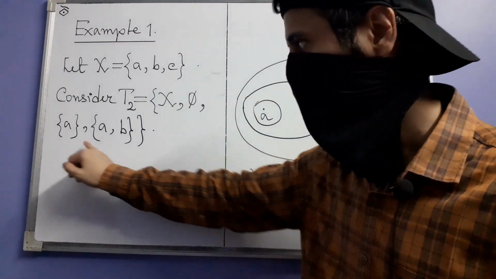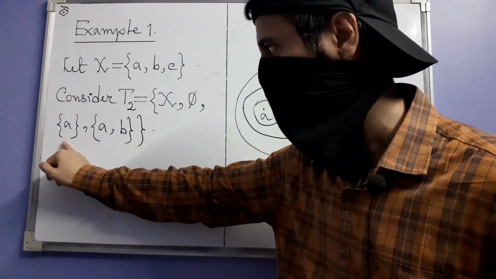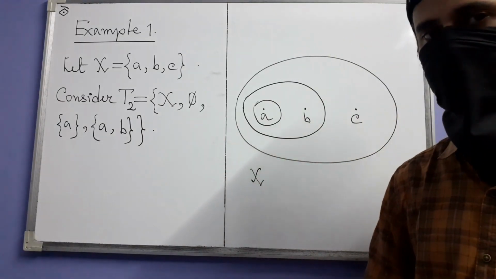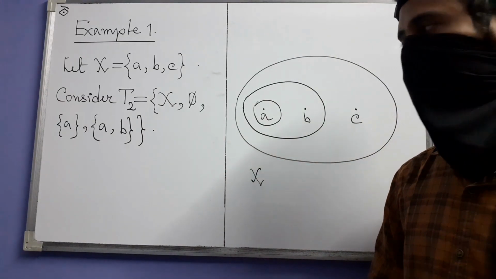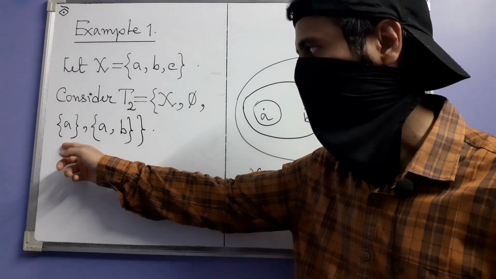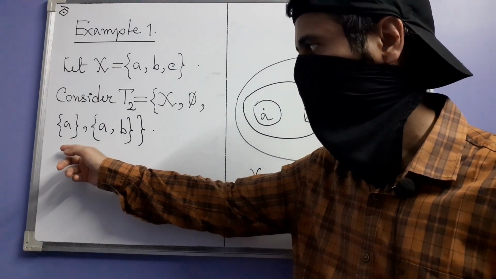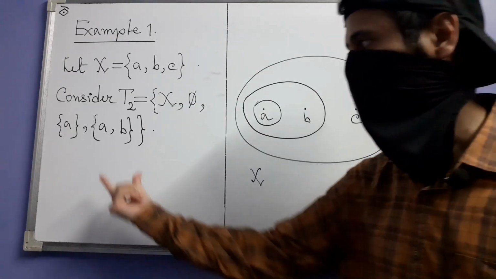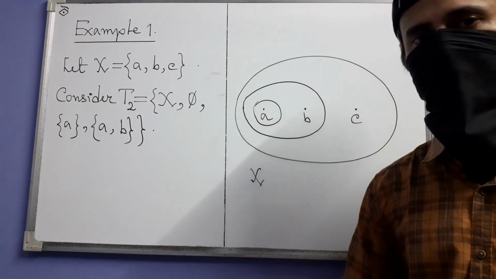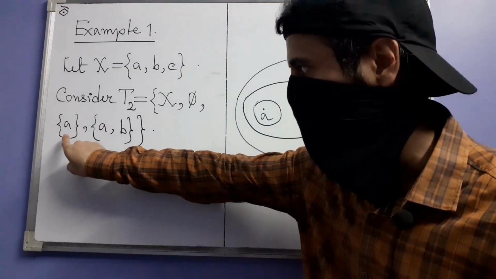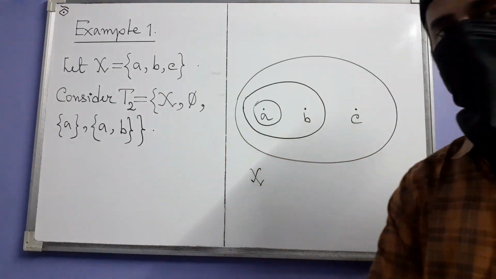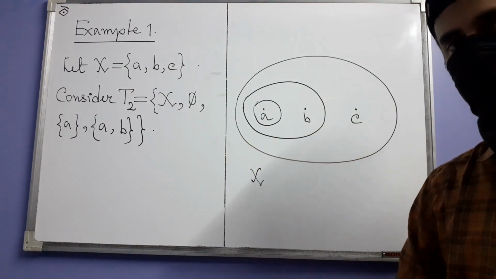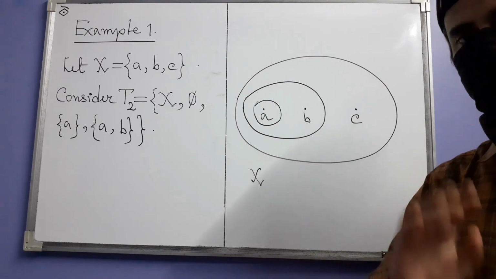So that means at least one set is this one or this one. Now if all the sets are equal to this, then this itself is the intersection. But if at least one set is this, then this will be the intersection. So here also you see that all the axioms are true.